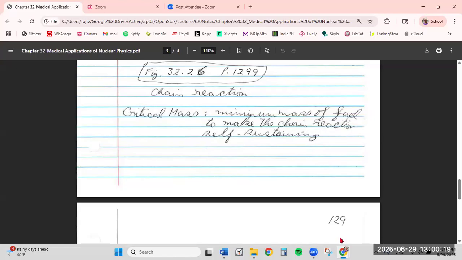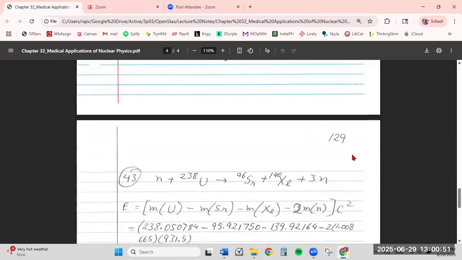Because if you run out of mass, then the resulting neutrons coming out of the reactions won't necessarily find more uranium nuclei to trigger this reaction. So the reaction can then abruptly stop. So in order to make the chain reaction self-sustaining, you need to have a minimum amount of fuel, a minimum amount of uranium nuclei. And that's called the critical mass.